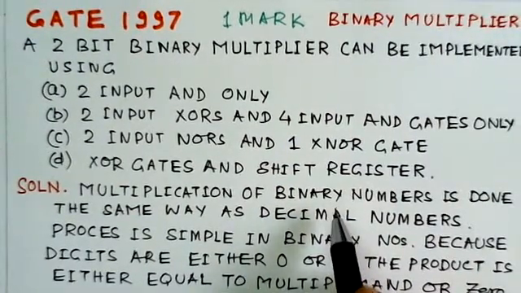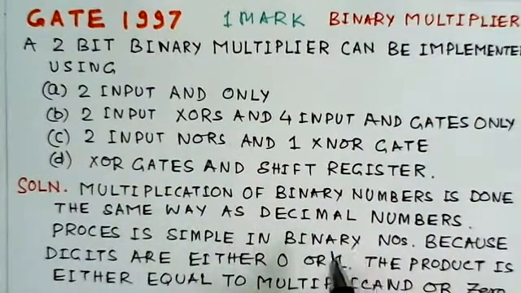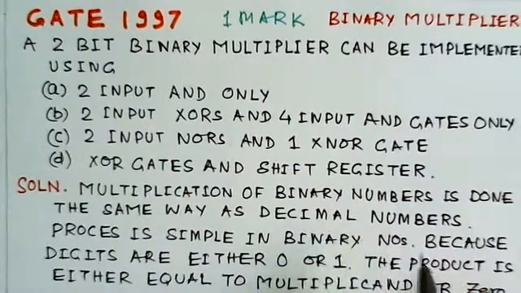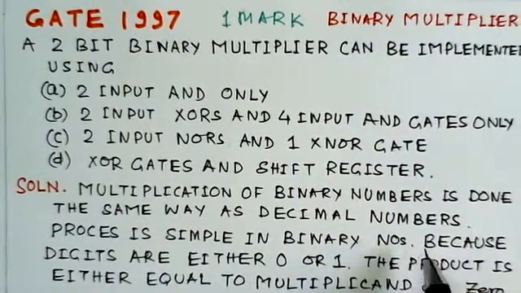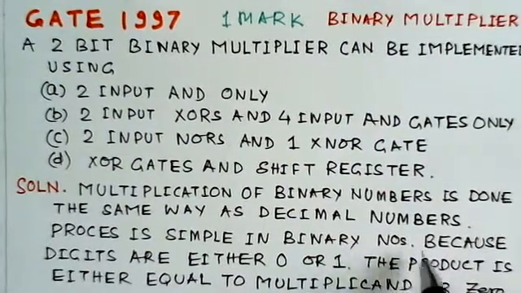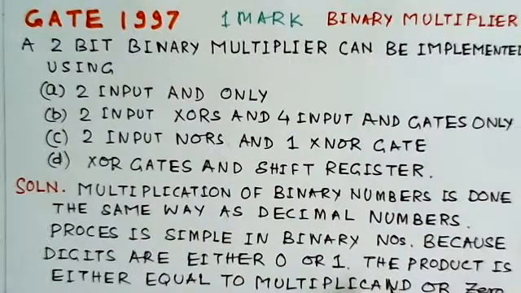So if we see the binary multiplication process, this process is similar to the decimal multiplication process, and even simpler here in the case of binary multiplication, because here the digits are either 0 or 1.